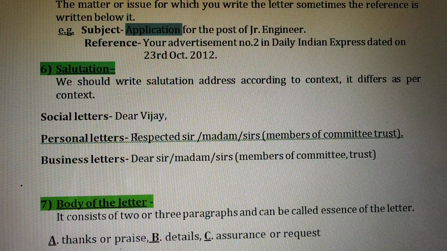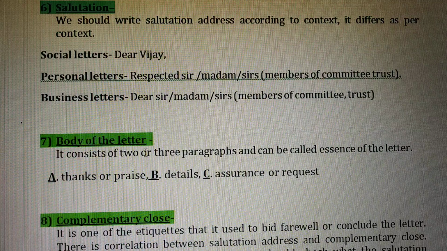Respected sir and principal may come here in the business letter, but generally in India, respected sir or dear sir, or respected post of the person, or dear post of the person. When to write respected, when to write dear. If you have any acquaintance with that person, you can write dear. If you don't have acquaintance with that person, you should write respected sir. And especially in the educational field, we use respected sir or respected madam.